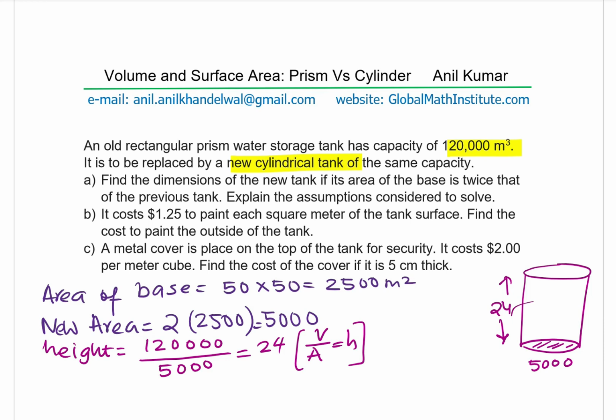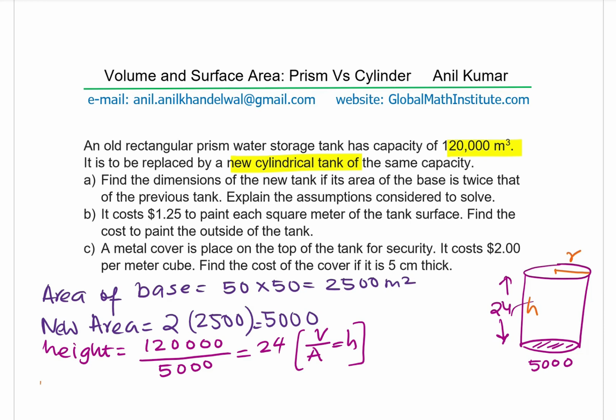Now the question is, find the dimensions of the new tank if its area of the base is twice that of the previous tank. Dimensions really means what? Dimensions mean, in this case, we need to find the radius. We have already found the height, which is 24. So pi r square is the area. That should give you the answer, right?